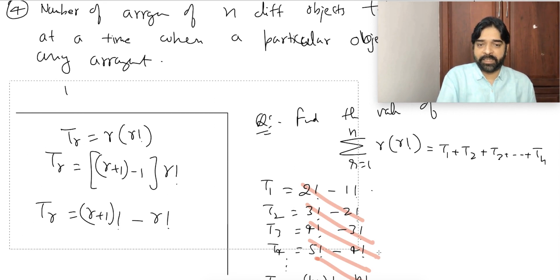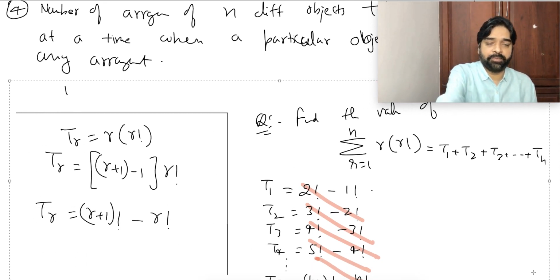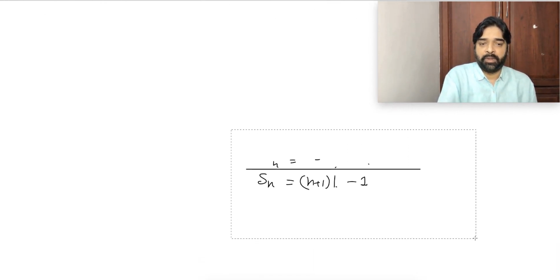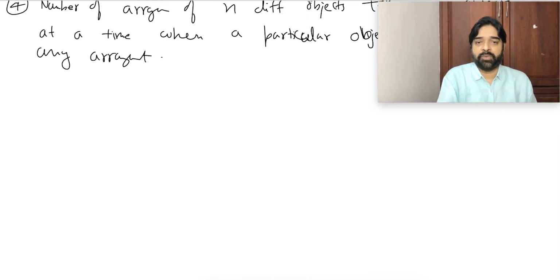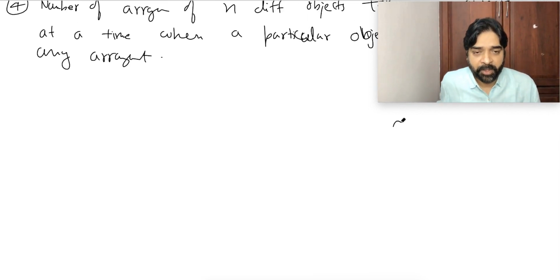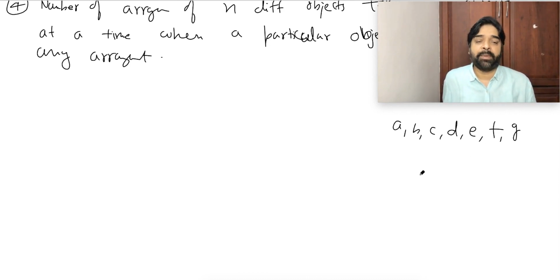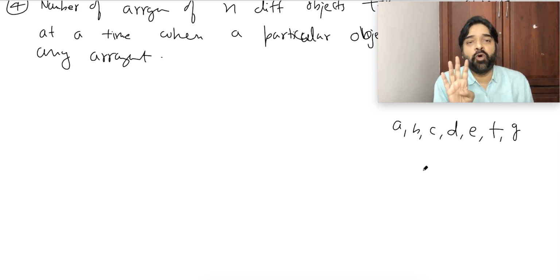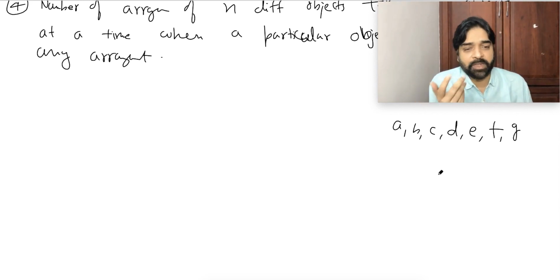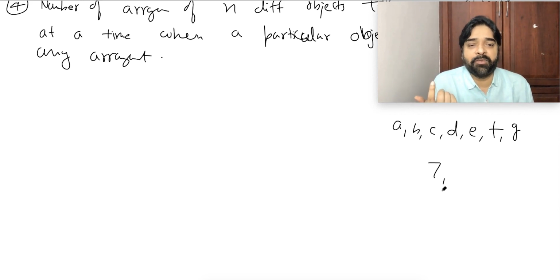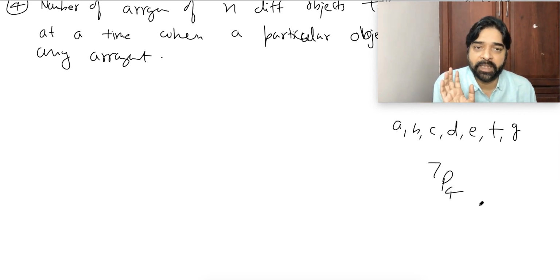Let me show you by example what I'm trying to ask you. Suppose somebody asks you, using A, B, C, D, E, F, G, how many 4-letter words can be formed with or without meaning? So you will say very simple, 7P4. Yes or no?